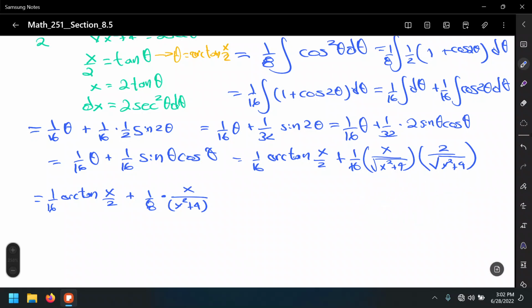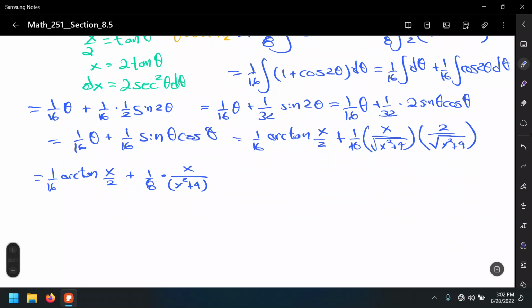Alright, so to write this in a little nicer way, just like this. Alright, and we're done with integral number 4. So now we're ready to backtrack and go back to the original problem. Okay, so integral number 1.